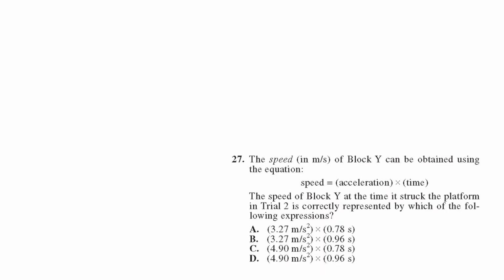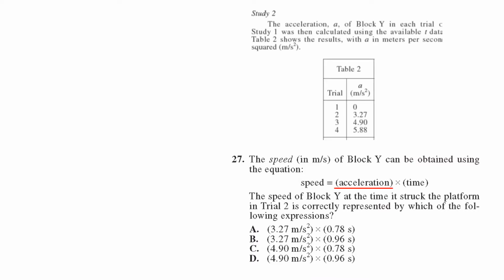So 27: the speed in meters per second of block Y can be obtained using the equation, speed equals acceleration times time. The speed of block Y at the time it struck the platform in trial 2 is correctly represented by which of the following.